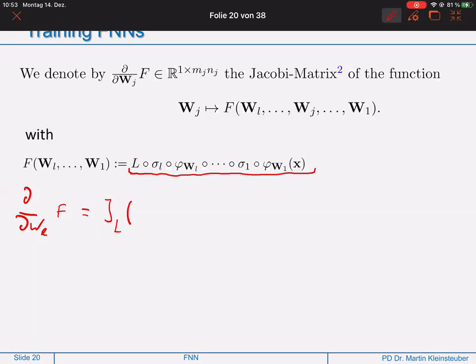So this is the sigma L, then the phi of W_L, and so on and so forth.